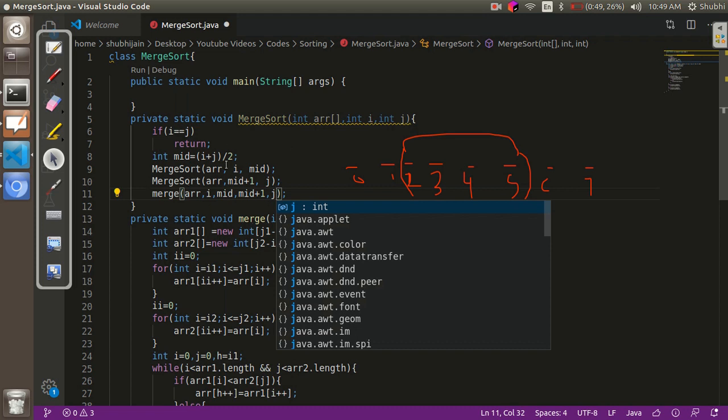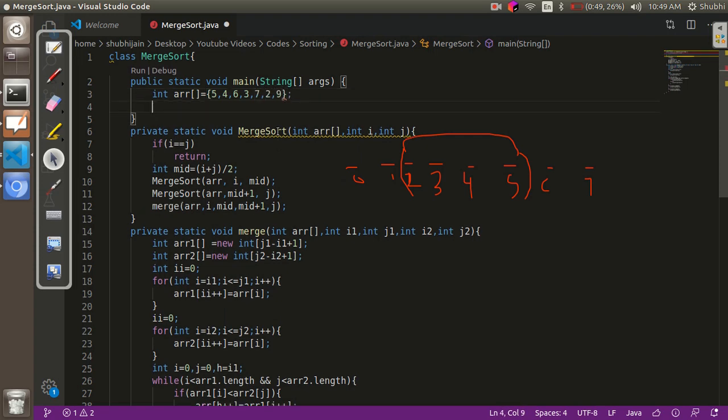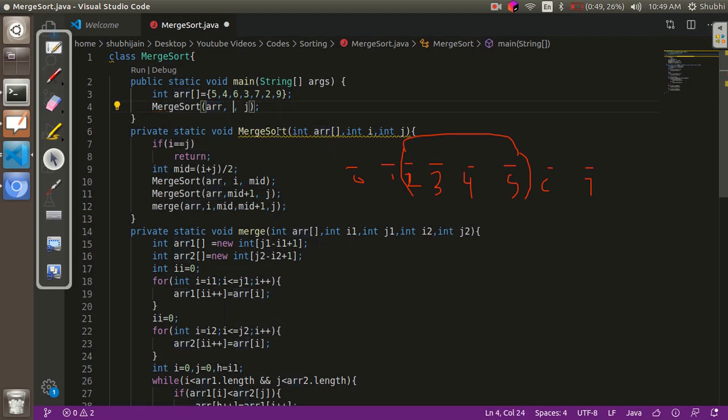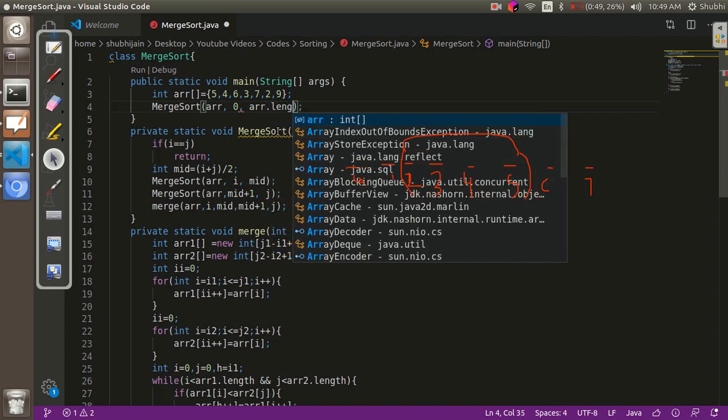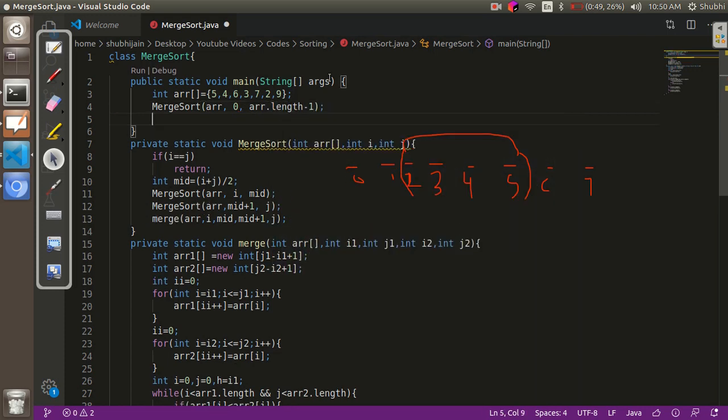So this will sort it, and over here we'll have our array and we are going to apply merge sort from 0 to array dot length minus 1, because the last index is array dot length minus 1, and then we'll print our answer.